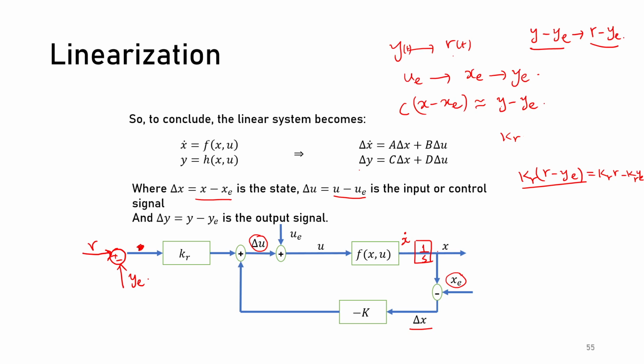If you have H equilibrium, then you can multiply it by C. No, you can use a function h, right? h of H equilibrium, U equilibrium.